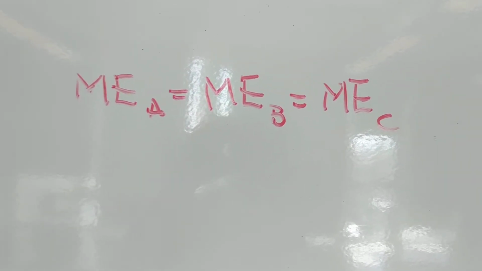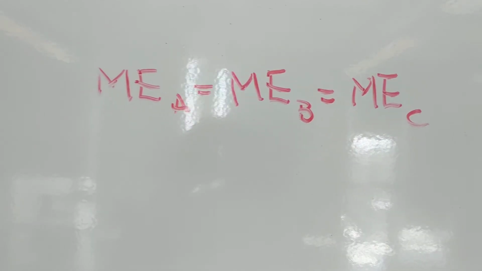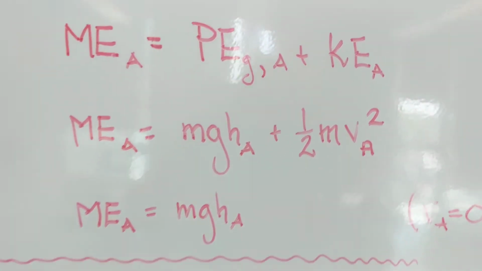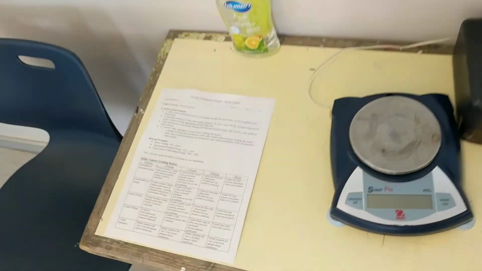It's just a matter of what fraction of it is potential energy and what fraction of it is kinetic energy. And that's part of what you're expected to calculate according to this rubric.